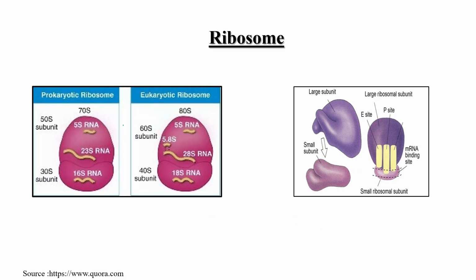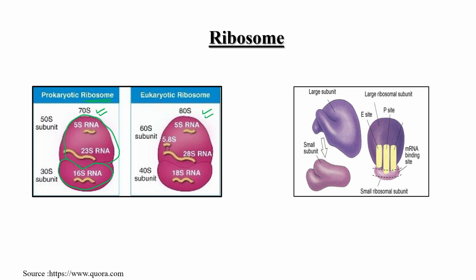So you can compare the ribosome. This one is the smaller unit, and this one is the bigger unit. The type of ribosome present in prokaryotes is 70S, while in eukaryotes it's 80S.